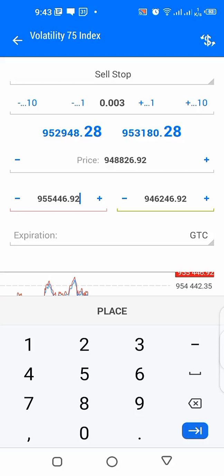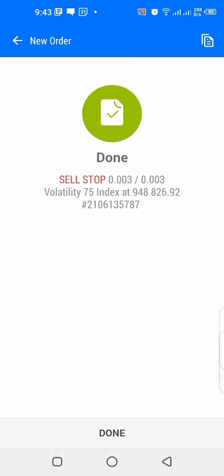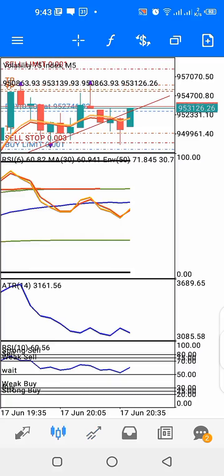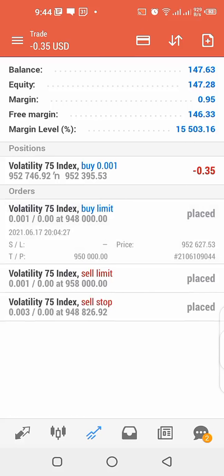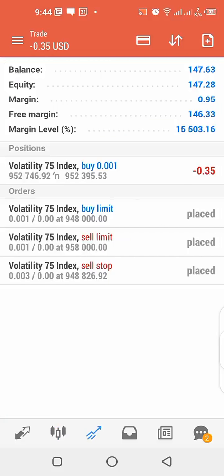Don't forget, my running buy trade is 0.001 and its take profit is 2,500 points. Now the stop loss for the running buy trade will also be around 80 points below the take profit point of my sell stop hedge trade.